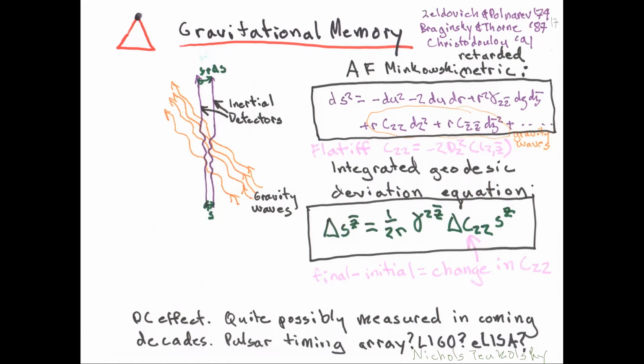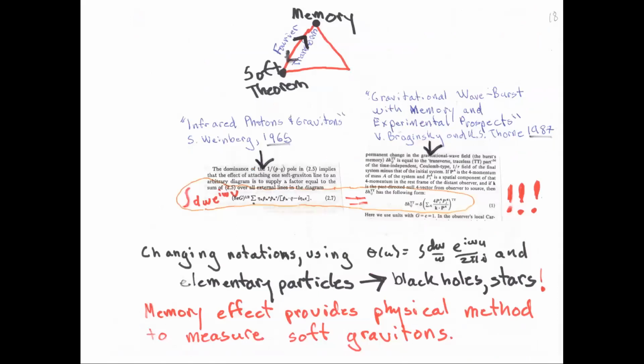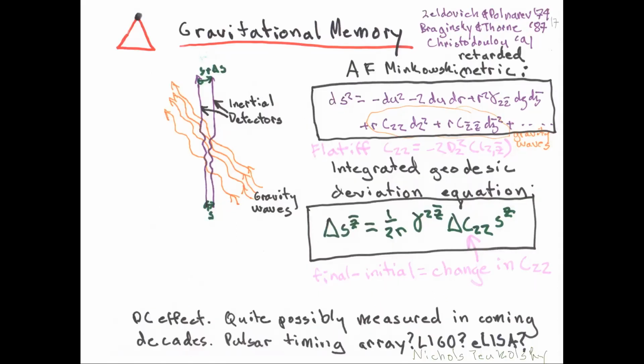And what you can show, and this can be made very precise, is that a way to understand how this happens is you're in the vacuum, some gravity waves come by, and after the gravity waves come by, you're not in the same vacuum anymore. You're in a vacuum which differs by a BMS supertranslation, and the points are moved around.